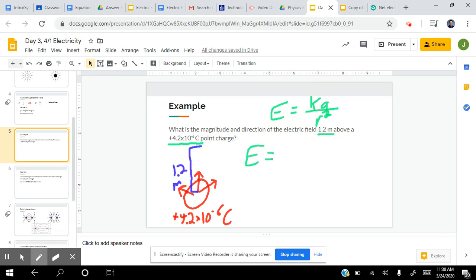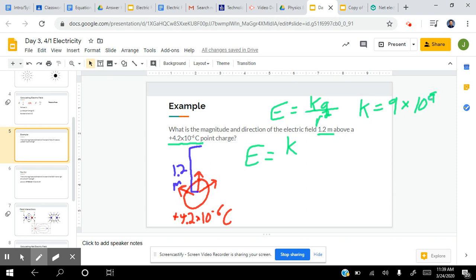So we have E is equal to K. I'm not going to write out K again. Hopefully you guys remember, K is equal to 9 times 10 to the 9th. That's Coulomb's constant.